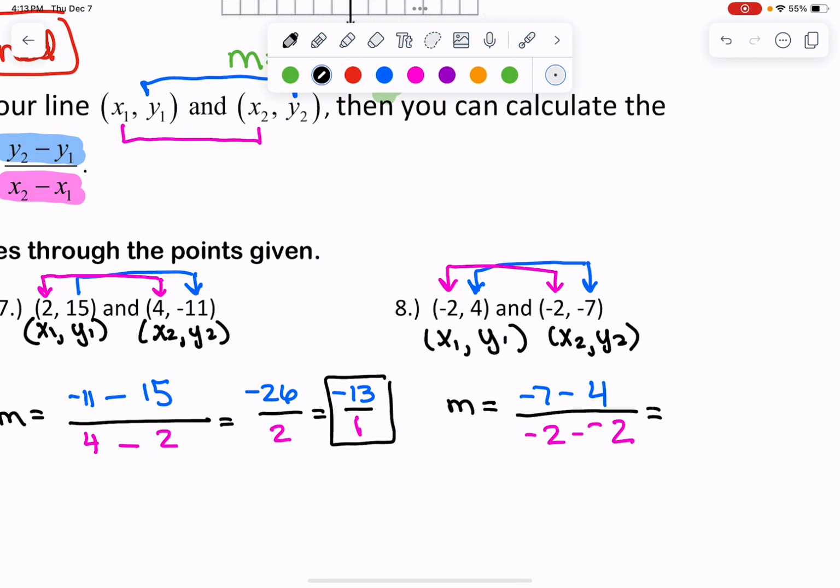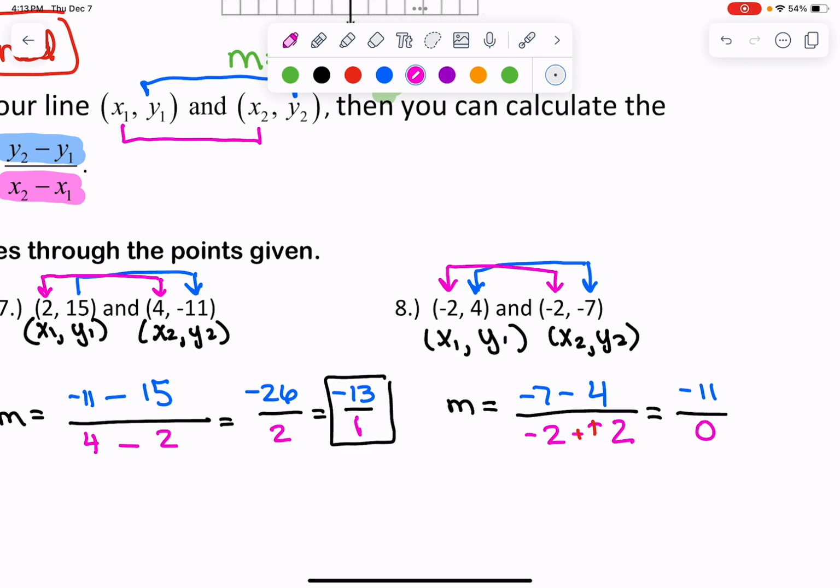In the numerator, when I take negative 7 minus 4, we get a negative 11. In the denominator, first thing we notice is that there's a minus minus, which becomes plus plus. And negative 2 plus 2 is 0.